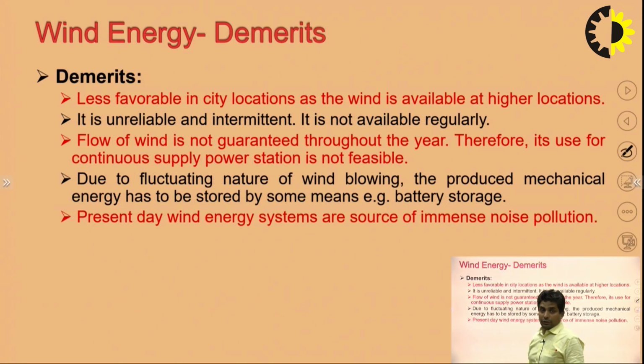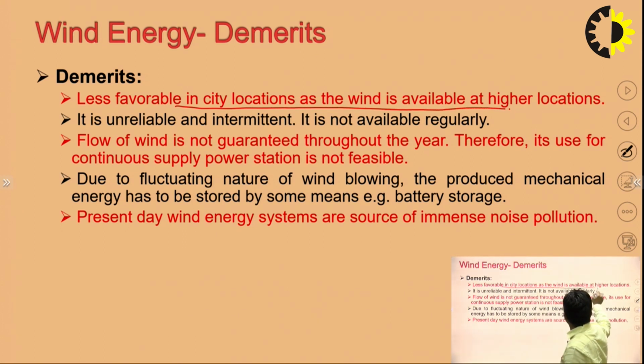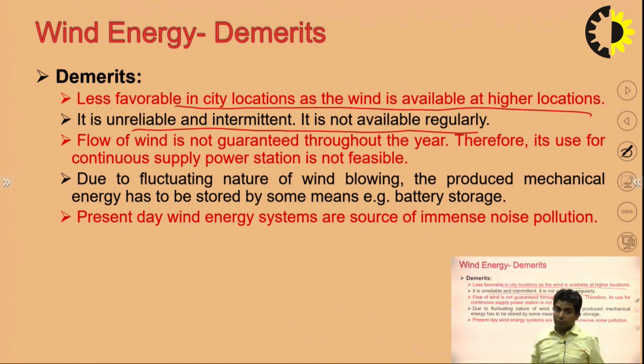Demerits. Whenever we discuss the advantages, there are limitations also. They are less favorable in city locations, as wind is available at higher locations. It is unreliable and independent; it is not available regularly.